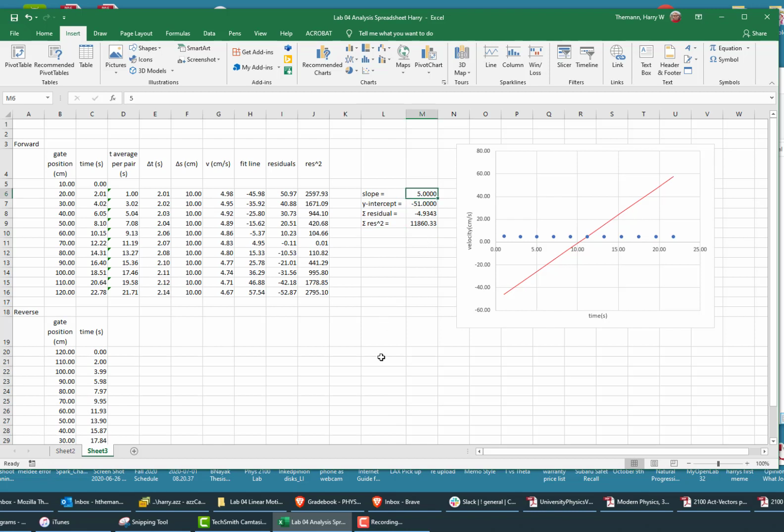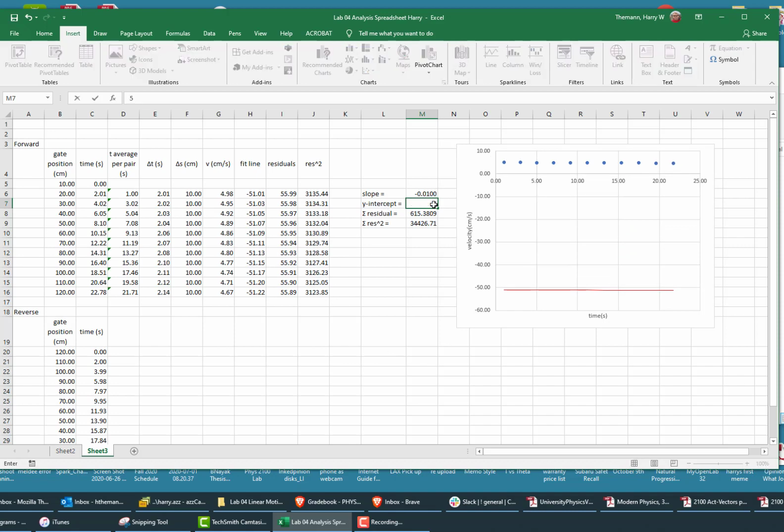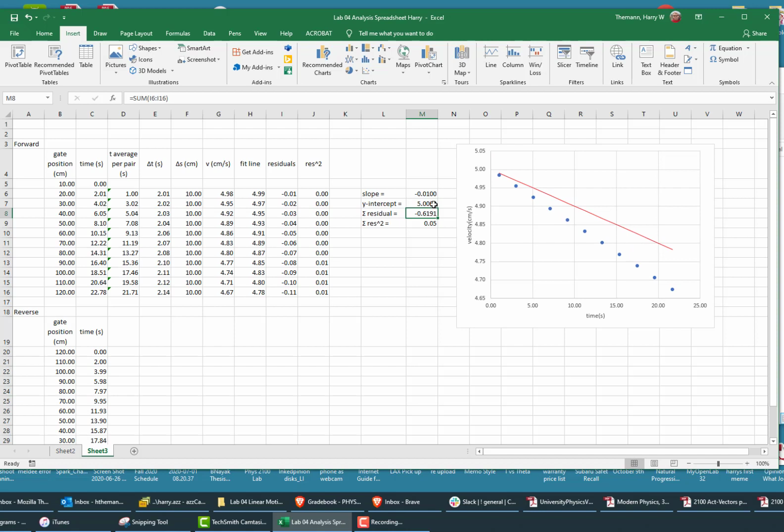And if we go back to what we had before, minus 0.01, and make this one 5 again, now both of them are beginning to approach each other.